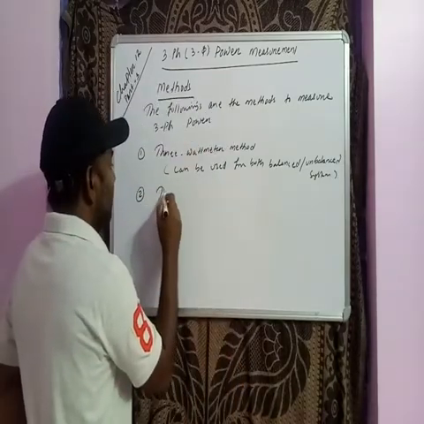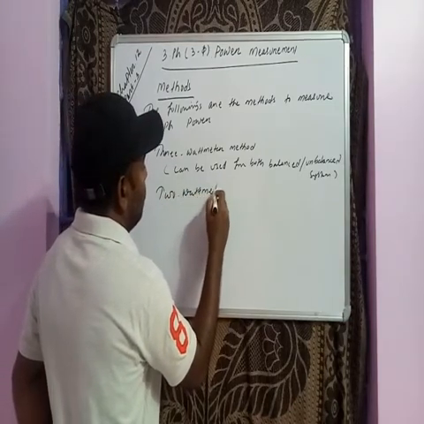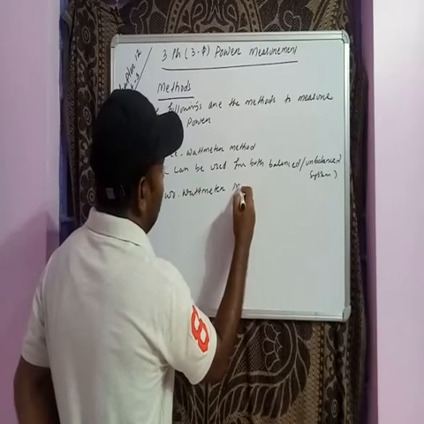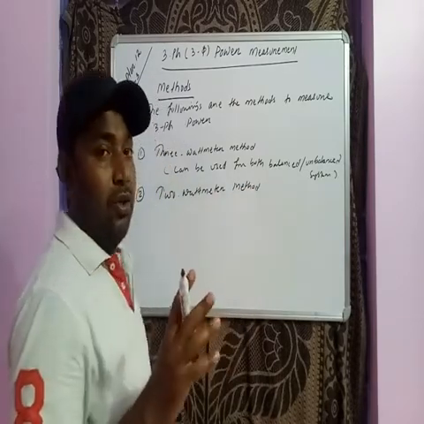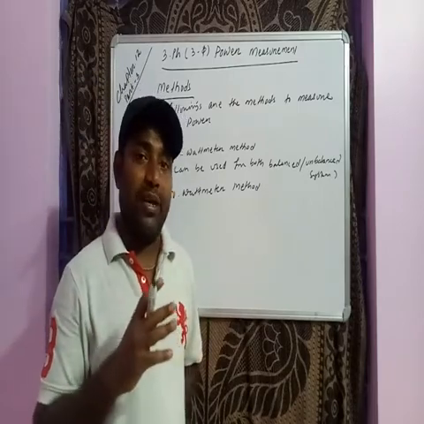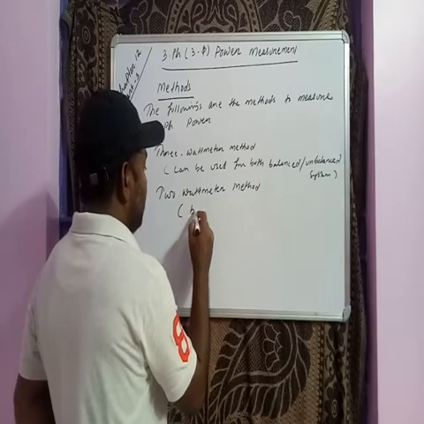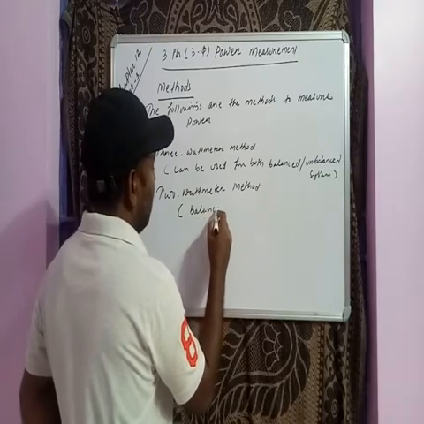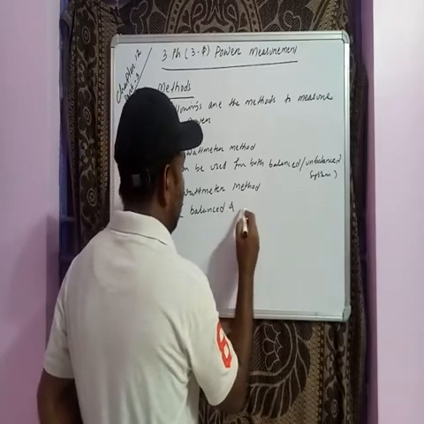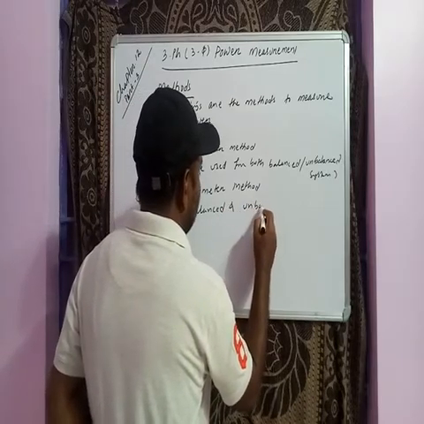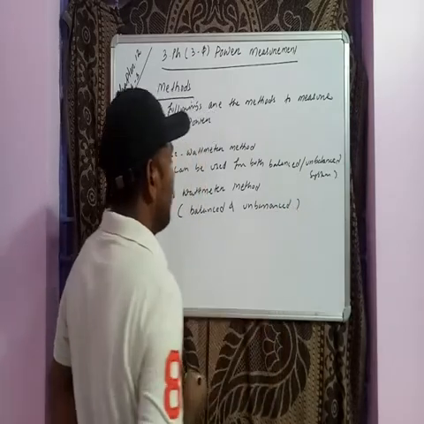The second one is the 2 wattmeter method. As the name indicates, here we use only 2 wattmeters. Two wattmeters can also give us the three-phase power. This is used for both balanced and unbalanced cases.